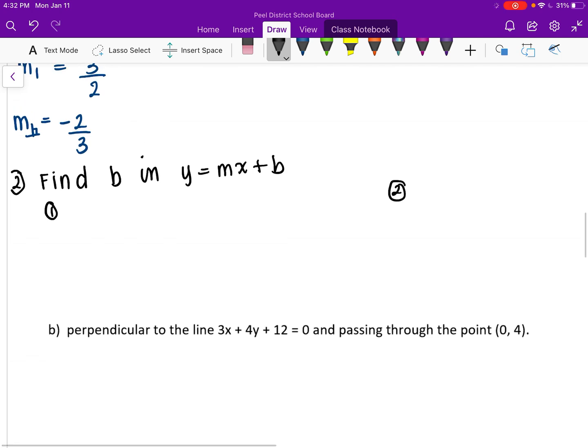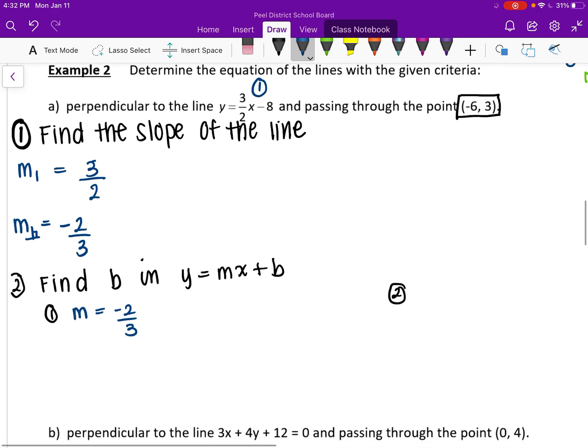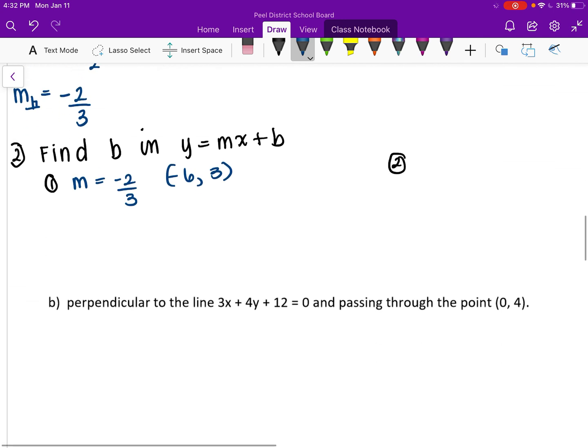So I know that m equals negative 2 over 3. I know that I have an x and a y here. So my x is negative 6 and my y is 3. So I'm just going to put my stuff in. Y equals negative 2 over 3.